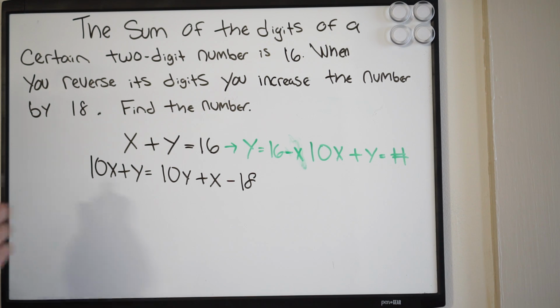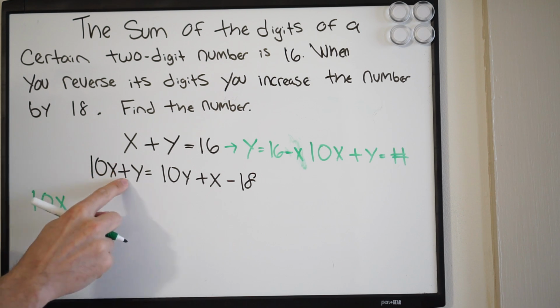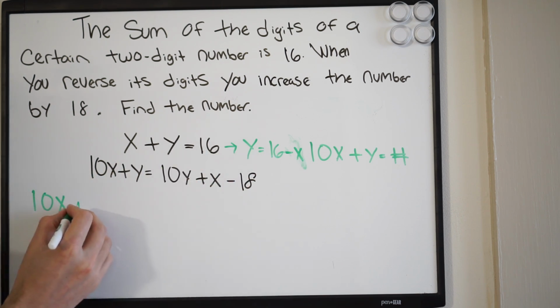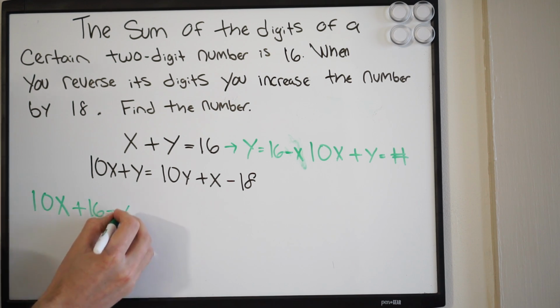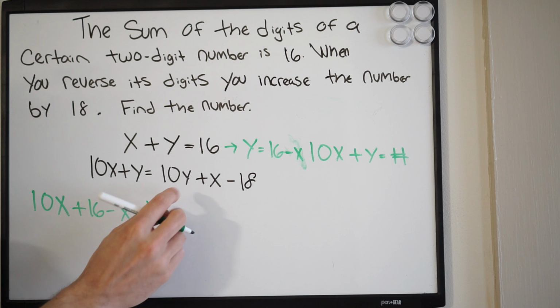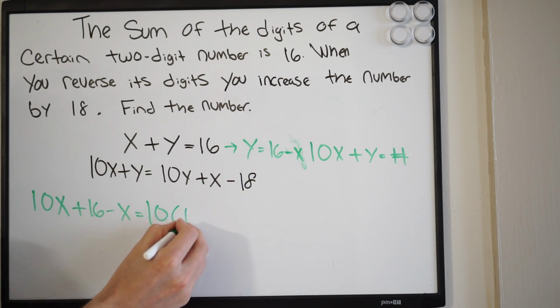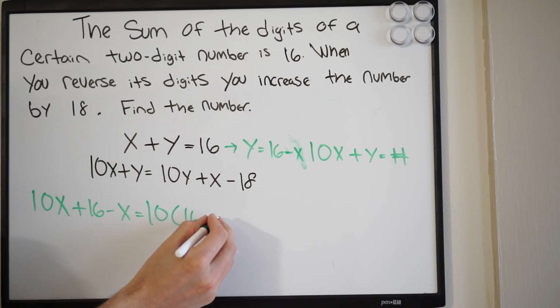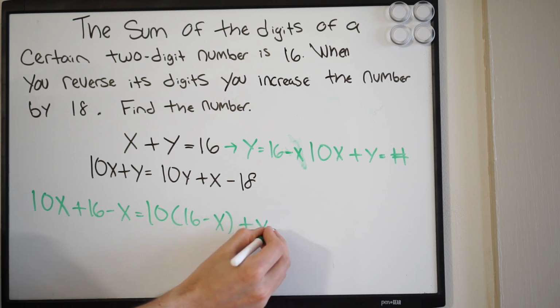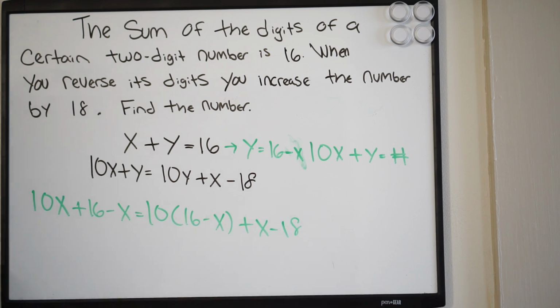I'll use a different color. We're going to do 10x plus y, which we said is 16 minus x, so plus 16 minus x, equal to 10 times y, which is 16 minus x, plus x, minus 18.